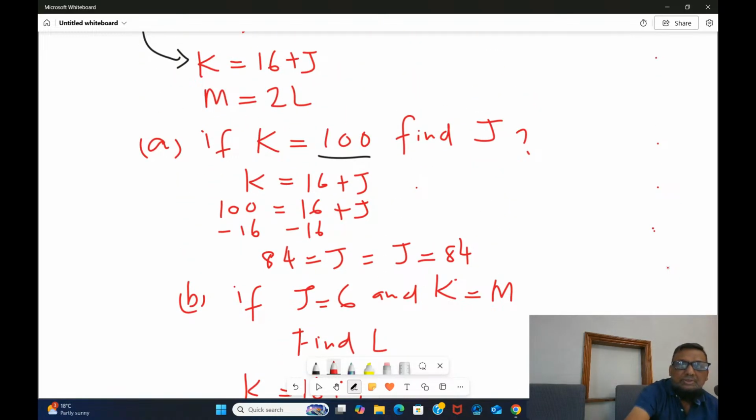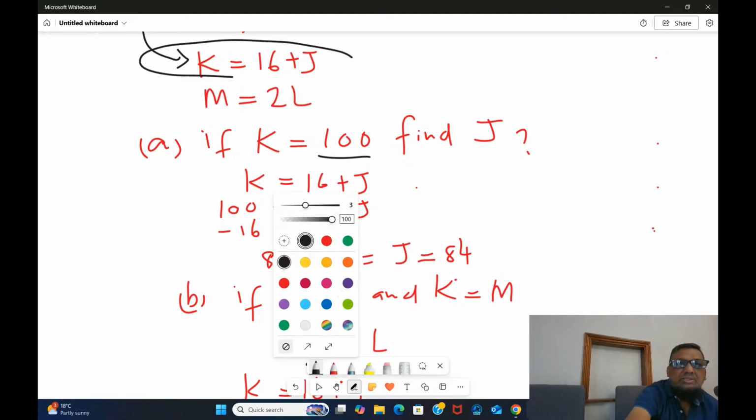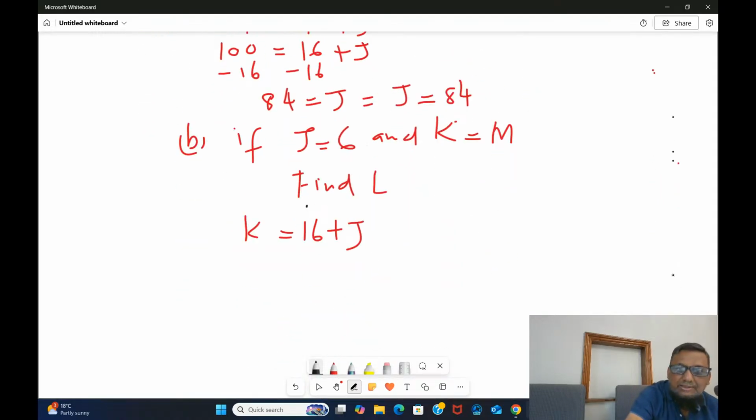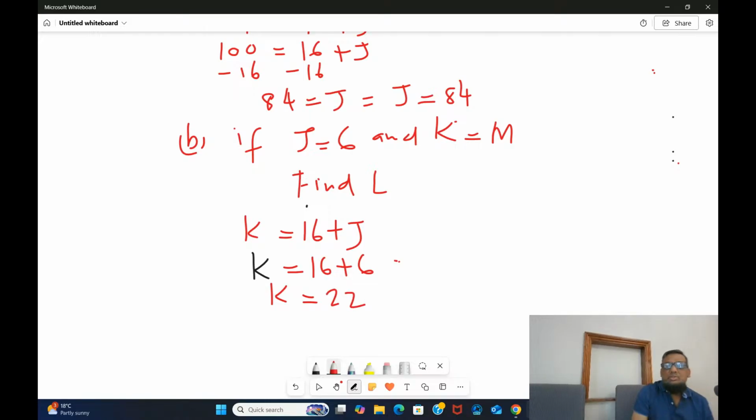If you check this statement, K is 16 more than J. So we know the value of K. I just simply copy it. K is 16 and the value of J is 6. So now K will be 16 plus 6, which is 22.